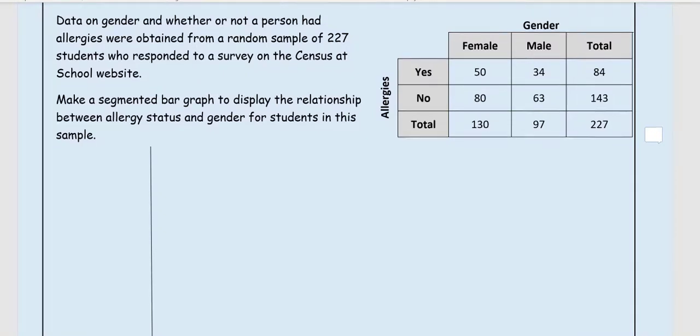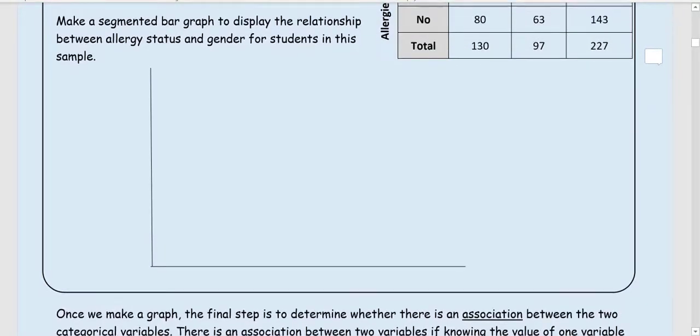It depends on how we want to look at this. First of all, I want my explanatory variable to be female or male. So I'm going to put female and male down here on the x-axis. Now we could do a stacked bar chart or a side-by-side. I think in this case, I'm going to do a stacked bar chart because they're going to look very similar anyways.